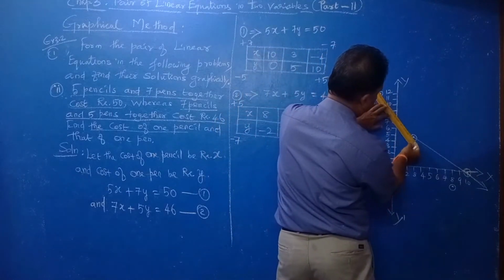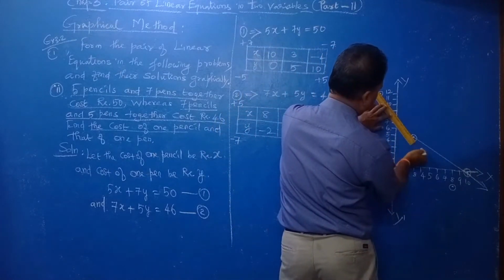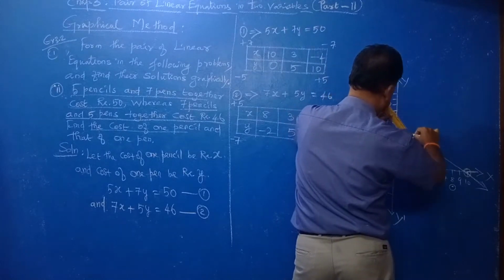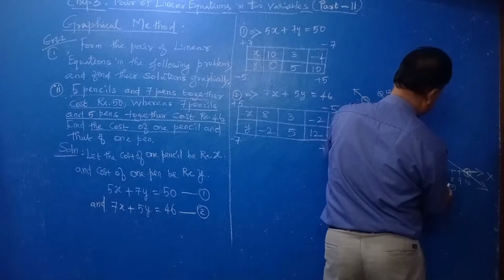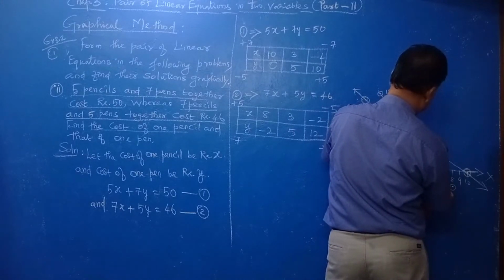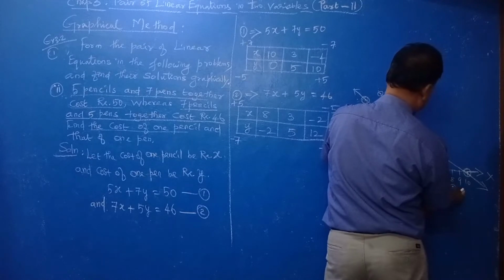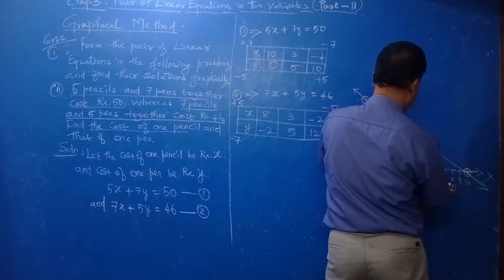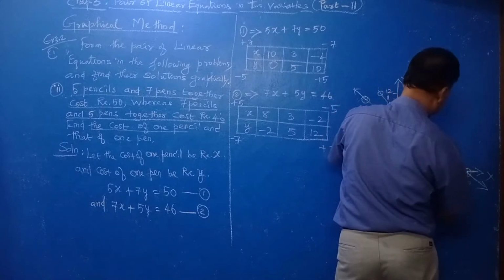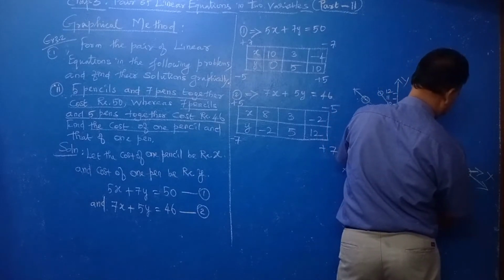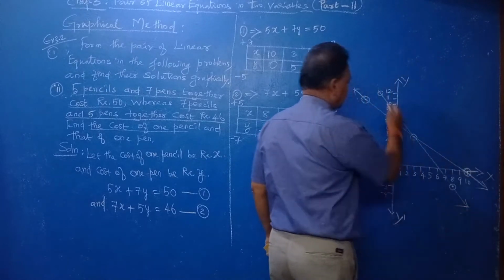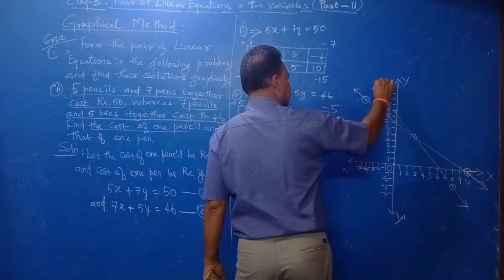You have to join. If you join correctly, we get a straight line.